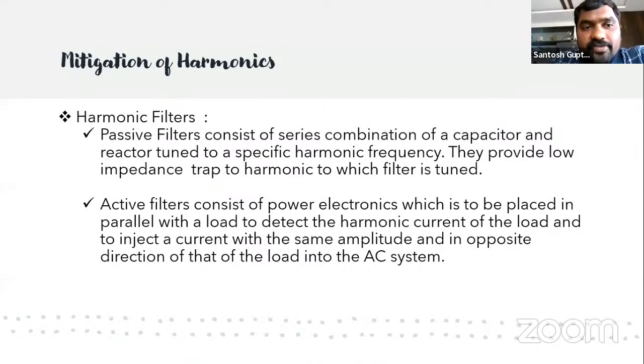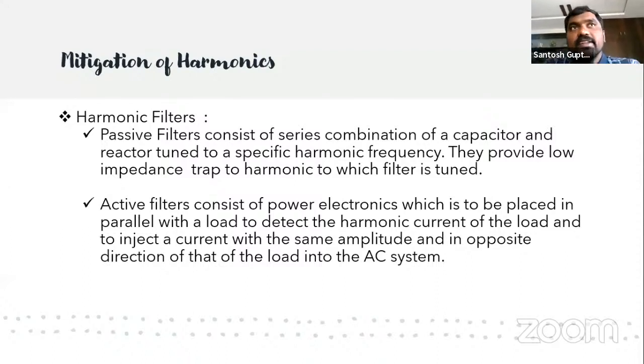So we have two types of filters. One is the passive filter, and the other is the active filter. The passive filter is a series combination of a capacitor and a series reactor, and it is tuned to a specified harmonic frequency, which we are going to see in our next slides.